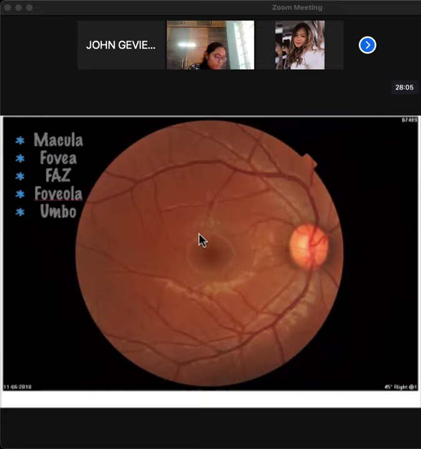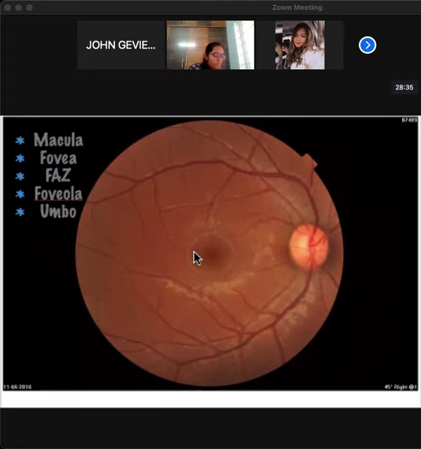At the center of the macula is the fovea, or the fovea centralis, measuring around 1.5 millimeters, which is specialized for high spatial and color vision. The fovea usually measures similar to your optic nerve, around 1.5 millimeters also. At the center of that would be the FAZ, or your foveal avascular zone, which is devoid of vessels.